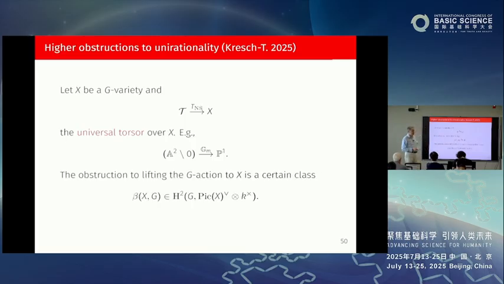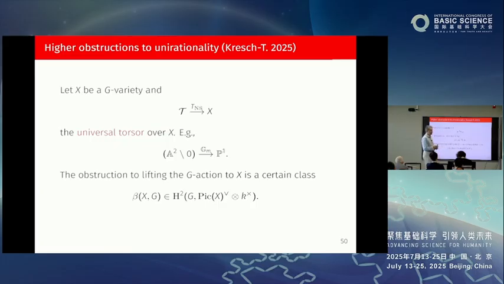And so we found that, all right, you have a G action on X. So if you have a line bundle, you can ask, well, does the G action lift to the line bundle? Well, that's sort of the obstruction that we saw before. Is that line bundle linearized or not, an invariant line bundle? But it turns out that you can actually look at all the line bundles together, the whole Picard group, and you get a class in H2(G, Picard X dual tensor K star).